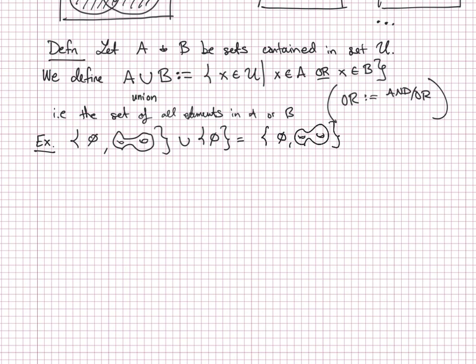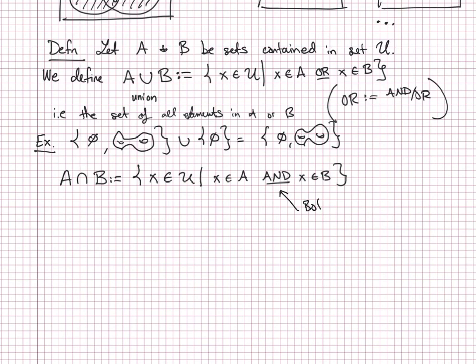All right, let me give you another definition. I have A intersect B. This is defined to be x in U, where x is in A and x is in B. What this means is that both have to be true.